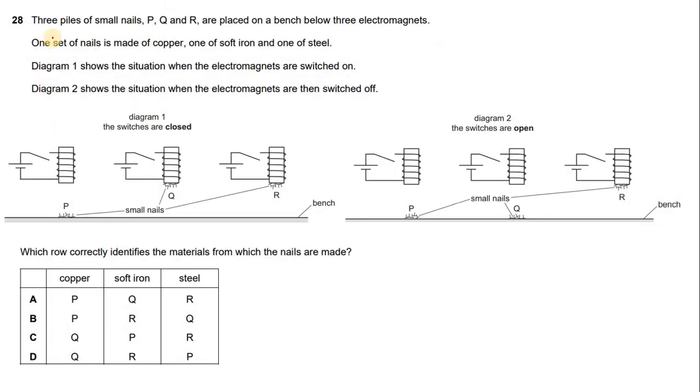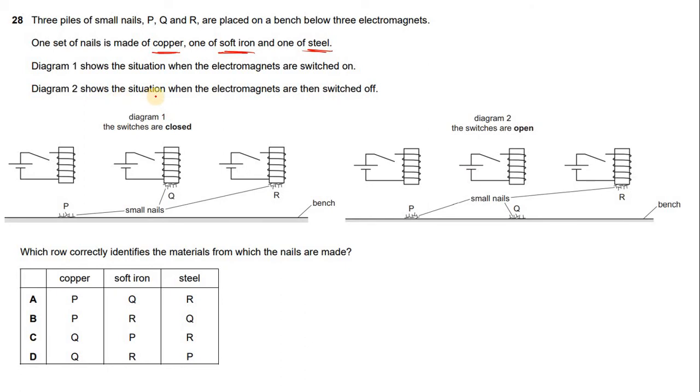Question number 28. Three piles of small nails, P, Q and R, are placed on a bench below three electromagnets. One set of nails is made of copper, one of soft iron, and one of steel. Diagram 1 shows the situation when the electromagnets are switched on.